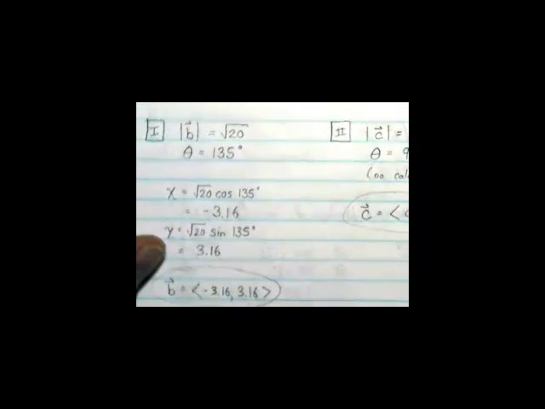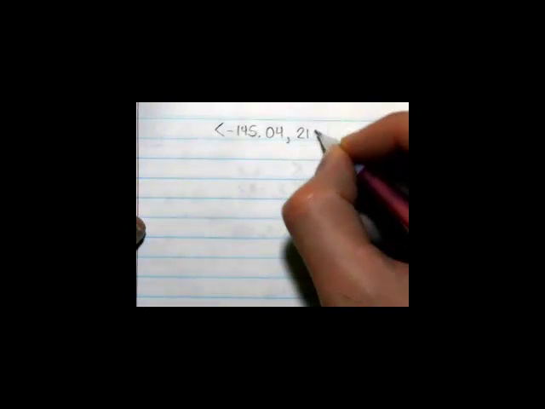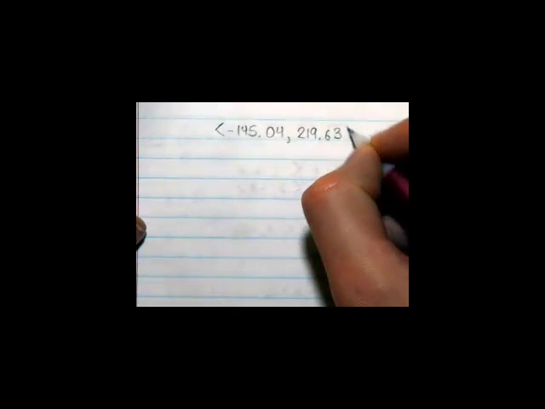I'm going to go to the next page here because I'm running out of room. But that's what we want to do. So we had negative 145.04. And the y was 219.63. All right, so how do I do that?